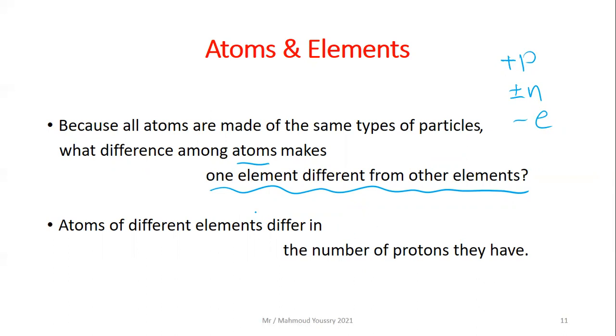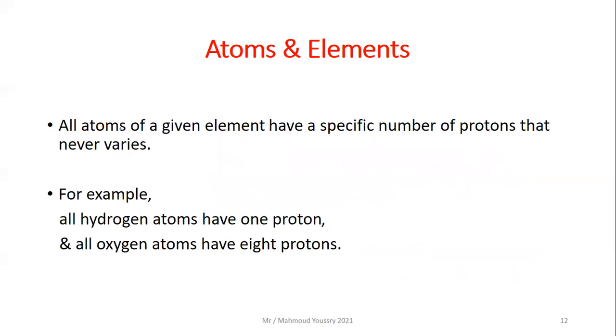What makes one element different from the other? Atoms of different elements differ in the number of positive protons they have. All atoms of a given element have a specific number of protons that never varies.